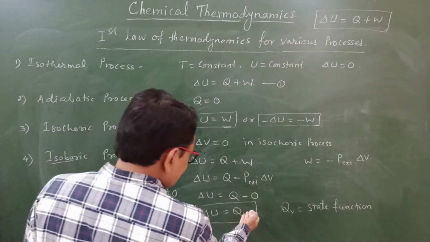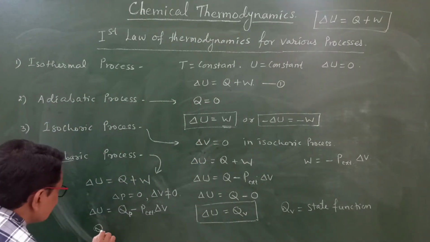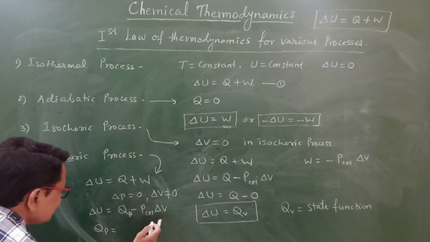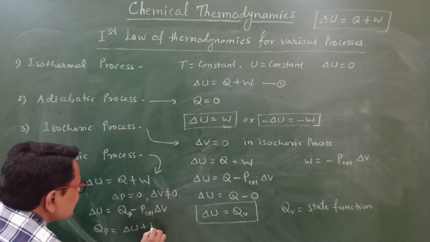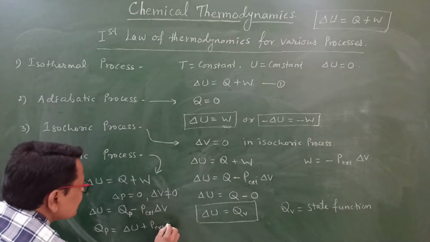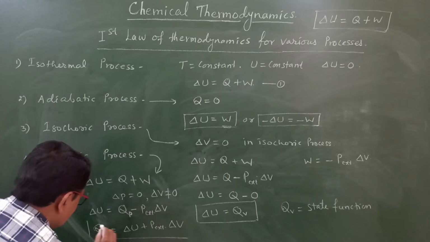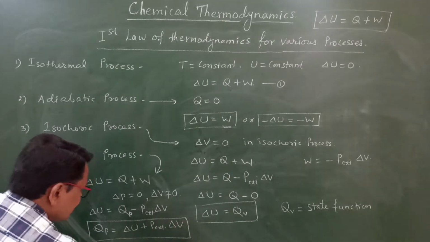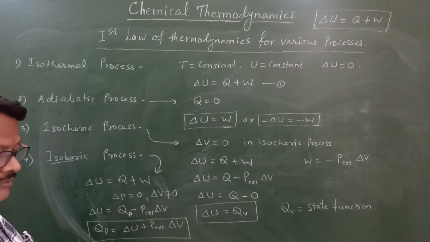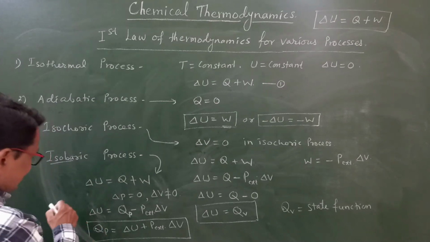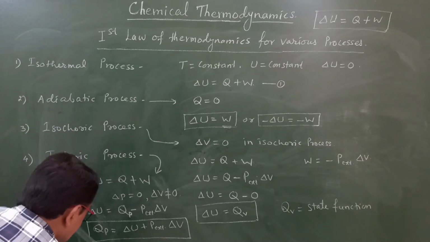As here it was QV, but here it is QP. Therefore, if you transfer this to the left hand side, you will get QP is equal to delta U plus P external into delta V. So that is the equation for the first law of thermodynamics in isobaric process. But this QP is also denoted by a symbol, that is delta H.